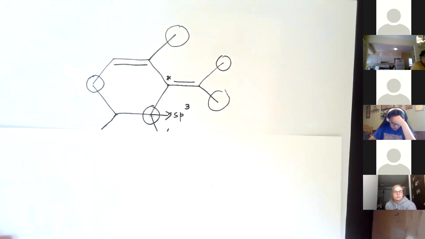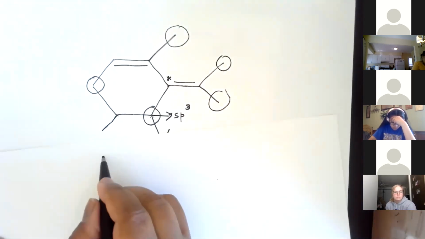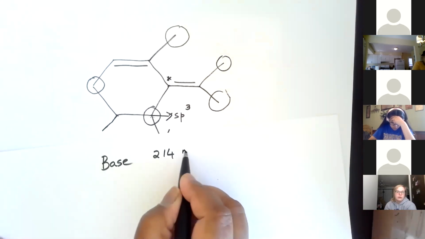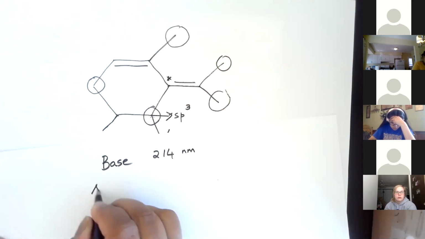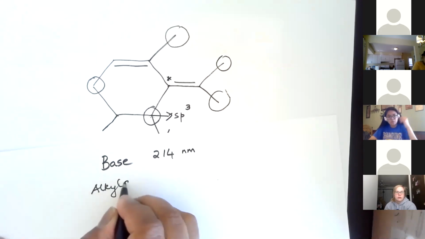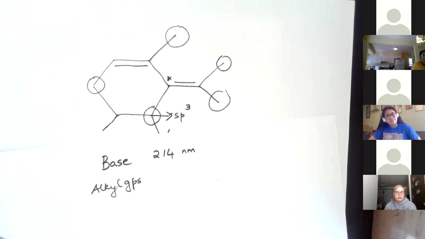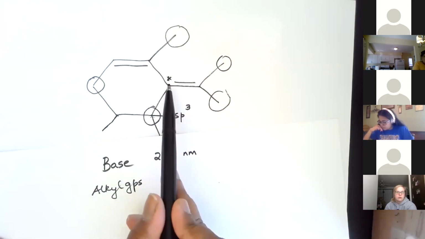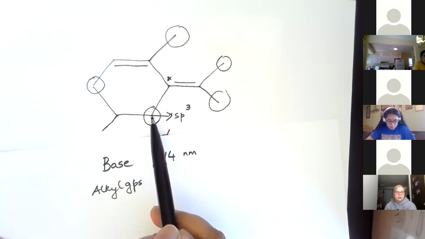Okay, so here you have the base is 214. Number of alkyl groups.